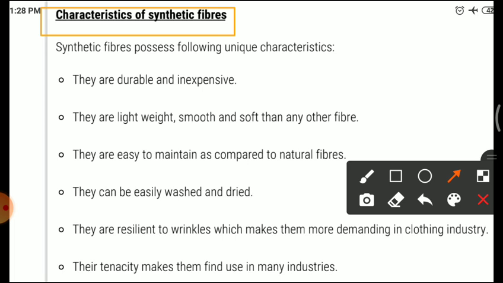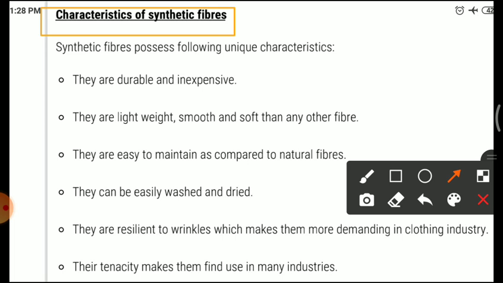So here we will use the umbrella made up of the synthetic fiber. Synthetic fibers also soak less water than the natural fabrics. They also take less time to dry.